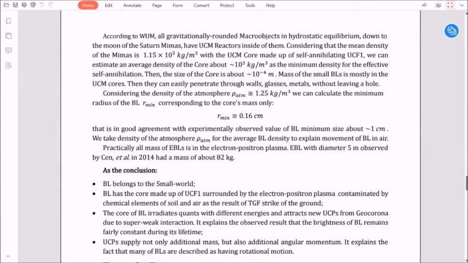It explains the observed result that the brightness of ball lightning remains fairly constant during its lifetime. UC particles supply not only additional mass, but also additional angular momentum. It explains the fact that many ball lightnings are described as having rotational motion.